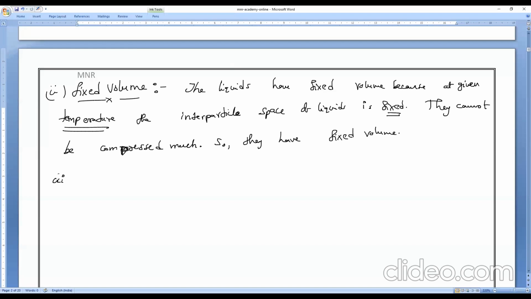Next. If I put the water outside, will it stay at the same place or start moving? For example, I'll pour the water outside. Suppose this is the floor. I'll pour the water here. Will the water stay in the same place or start moving in any direction? They'll start moving.